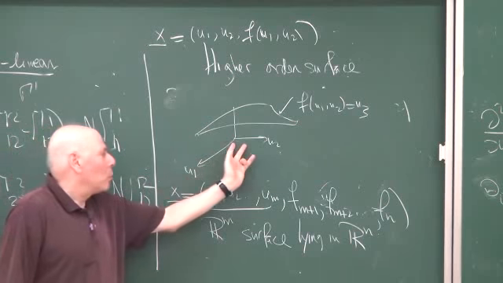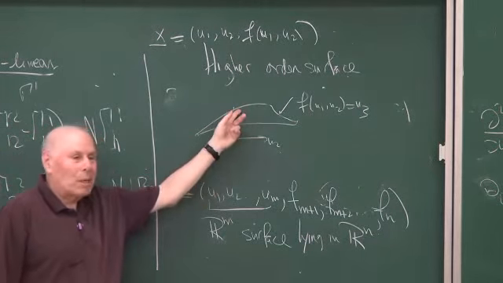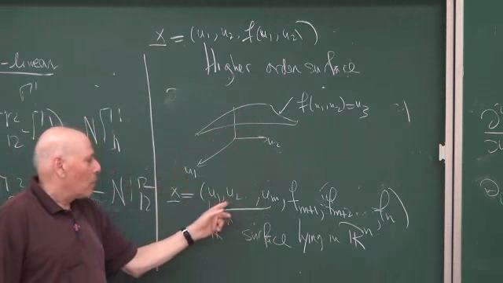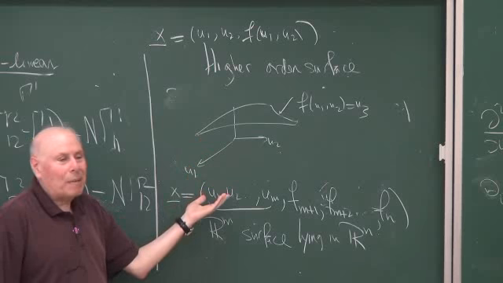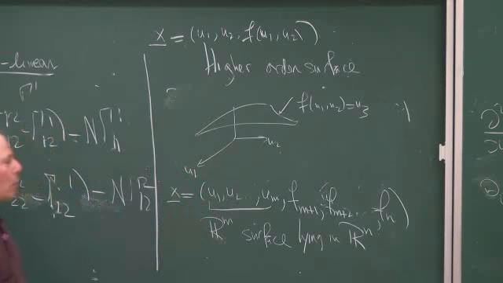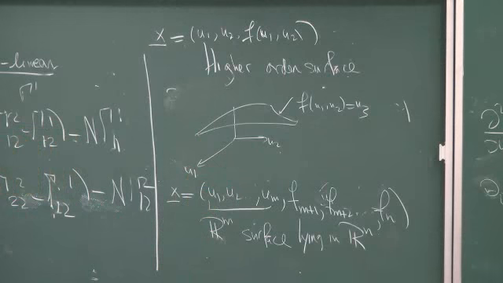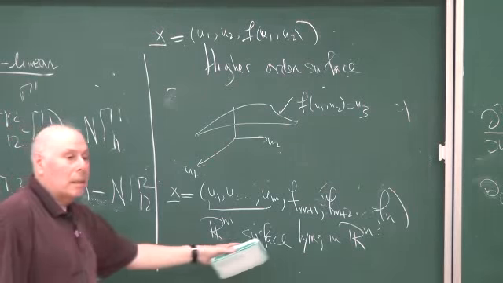This is 2, and one more is 3. So if this was 3, one more would be 4, and we consider hypersurfaces in three-dimensional space, etc. But in general, it can be here.